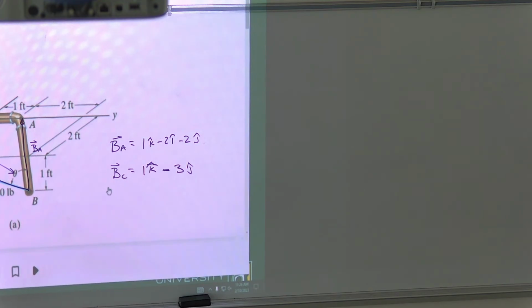So I can go ahead and say that is the number 7, over the square root of 2 squared plus 2 squared plus 1 squared times the square root of 1 squared plus 3 squared. I'm doing this so I can take a picture of it. And let's see what that comes up with.